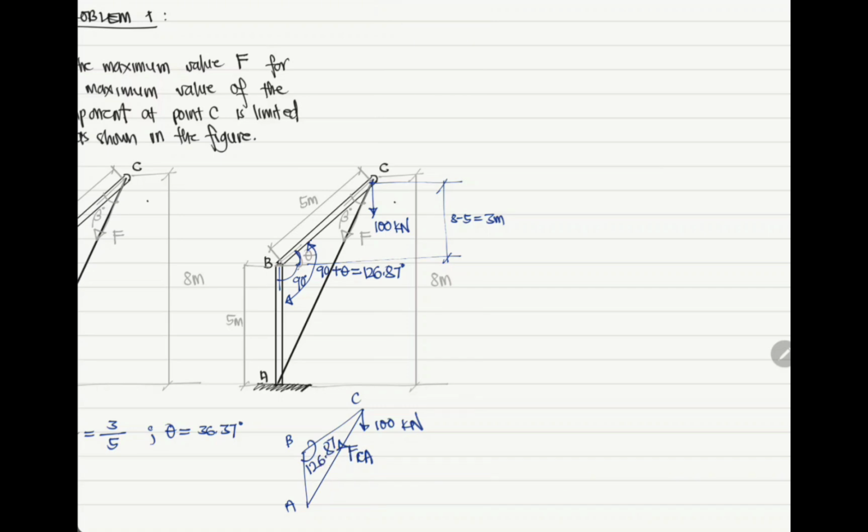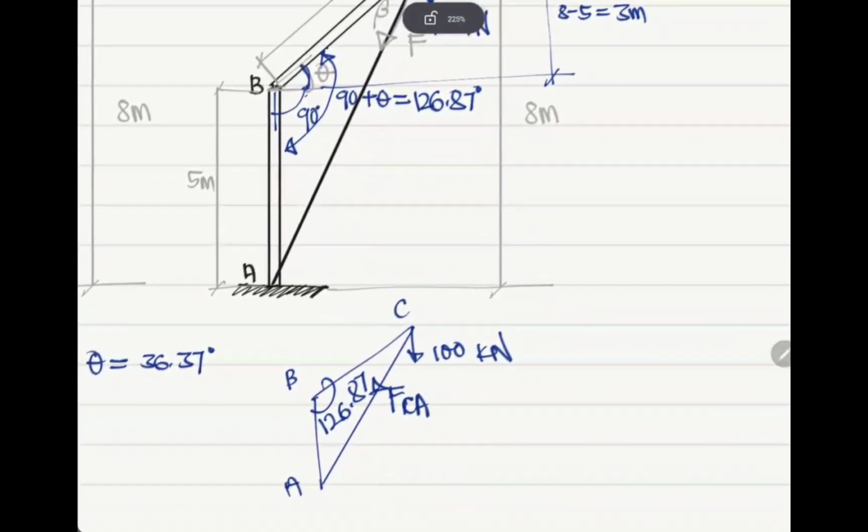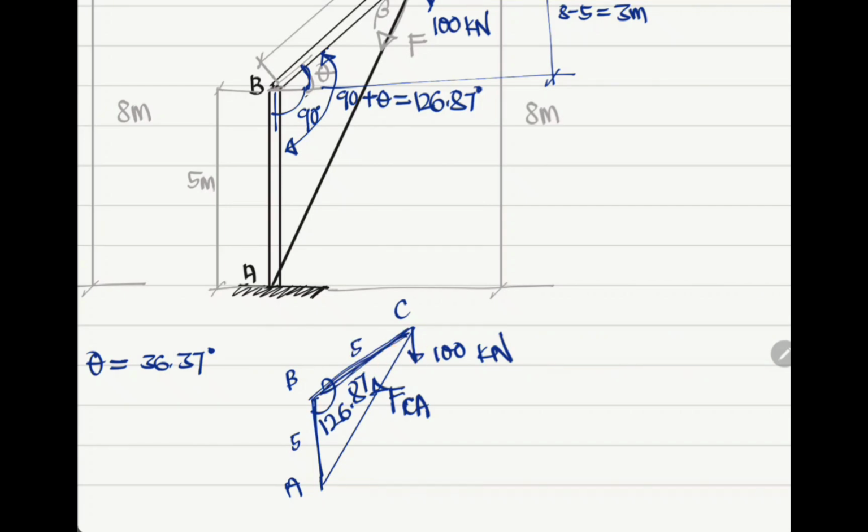From the figure, this side of the triangle is 5 meters. So what is AC?